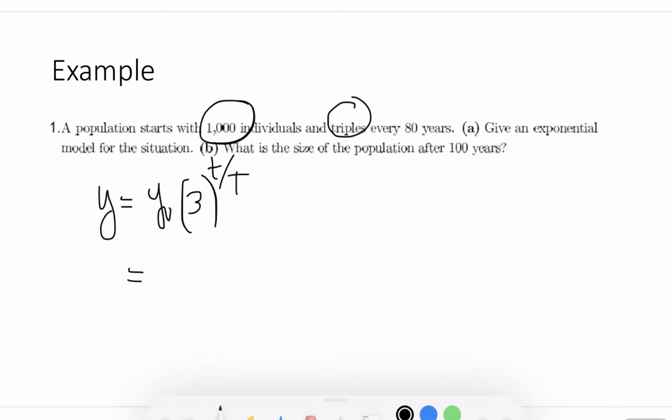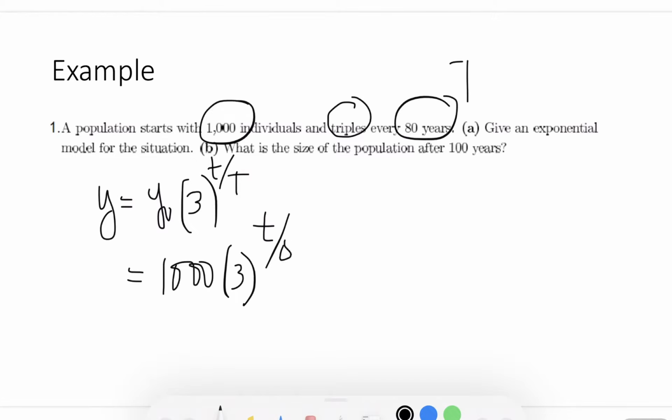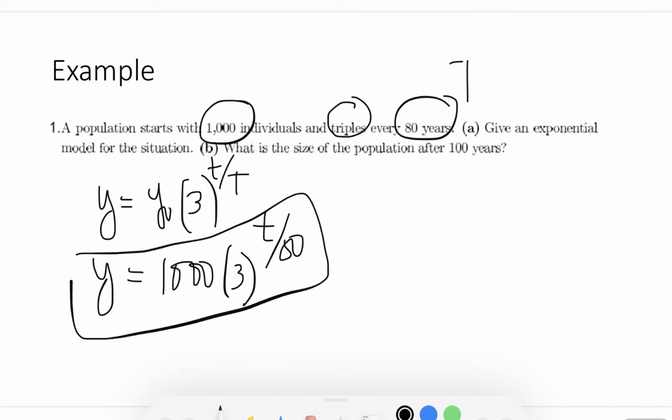Starts with 1,000. So 1,000 times 3 raised to time t divided by every 80 years. So this is our capital T, 80. So this is now our exponential model.